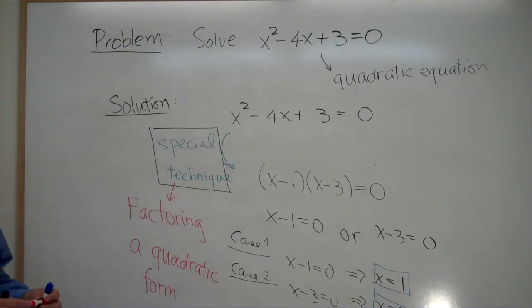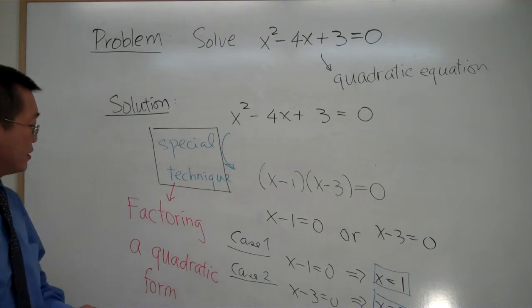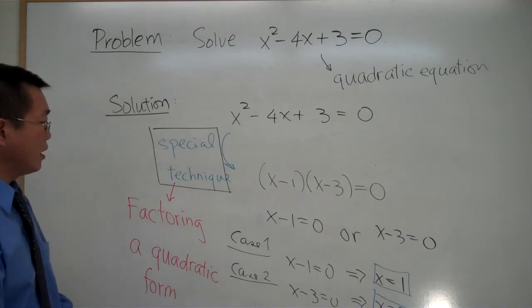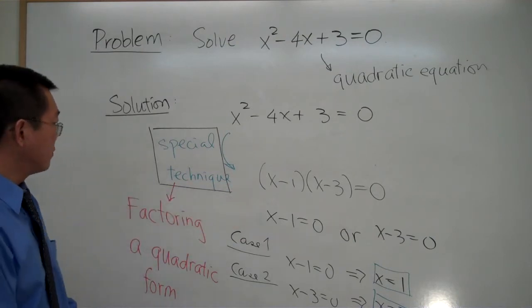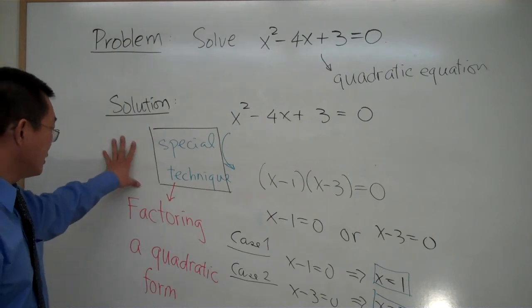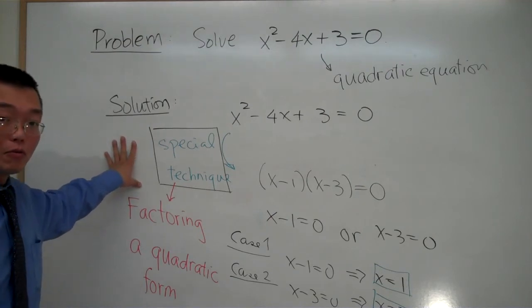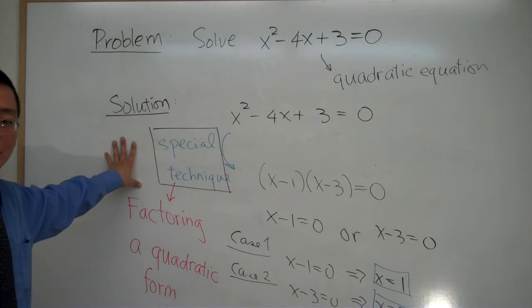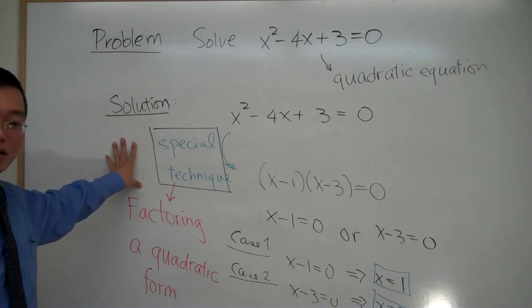Okay. So as you can see, our previous knowledge would help us solve the problem if we are able to perform this special technique called factoring a quadratic form. That should be what we are going to learn next.